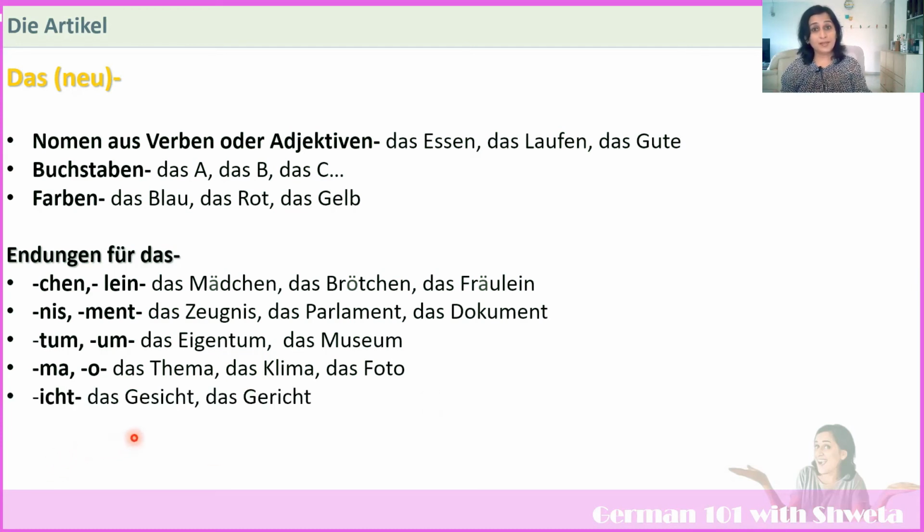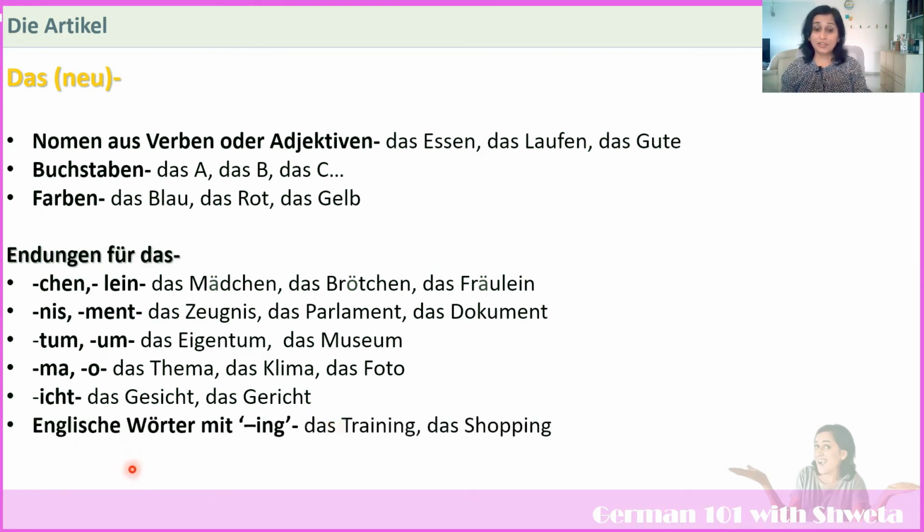Ist, zum Beispiel das Gesicht means face, das Gericht means court and dish. It has two meanings, court and dish. Englische Wörter mit ing. English words which has ing. Zum Beispiel das Training, das Shopping.